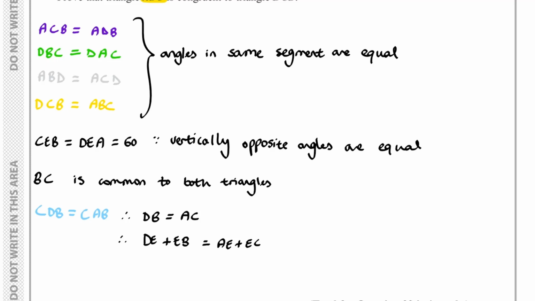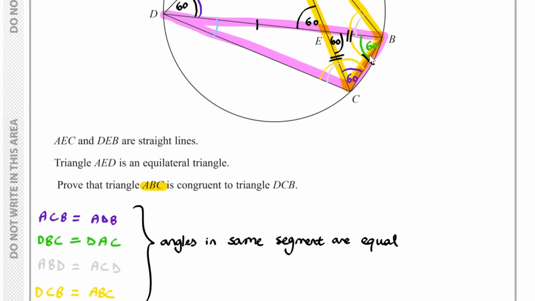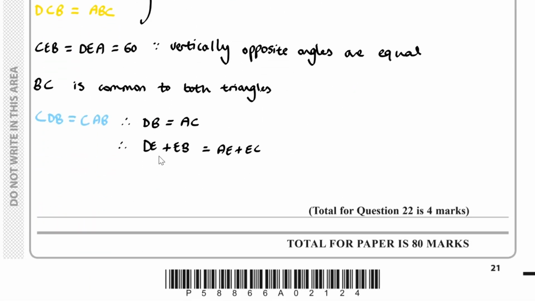So if we write that down, we have EC is equal to EB, and well, in conclusion, we can see therefore we have side angle side, and therefore the triangle ABC is congruent to DCB.